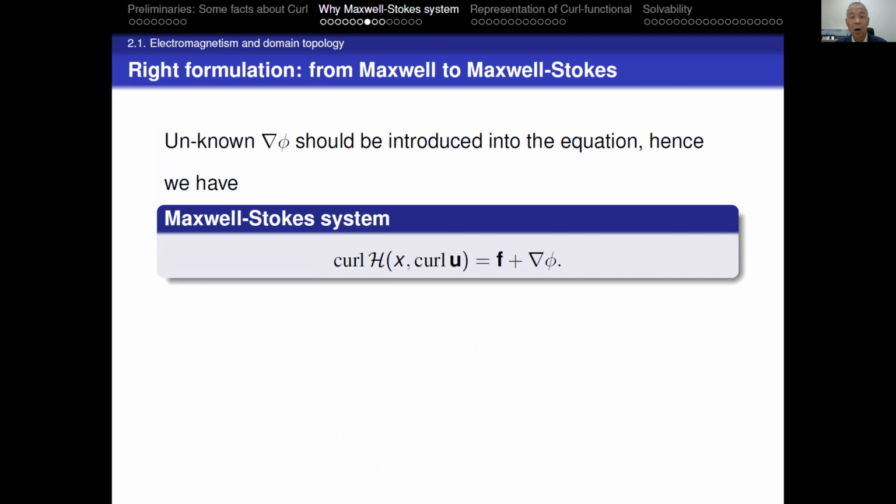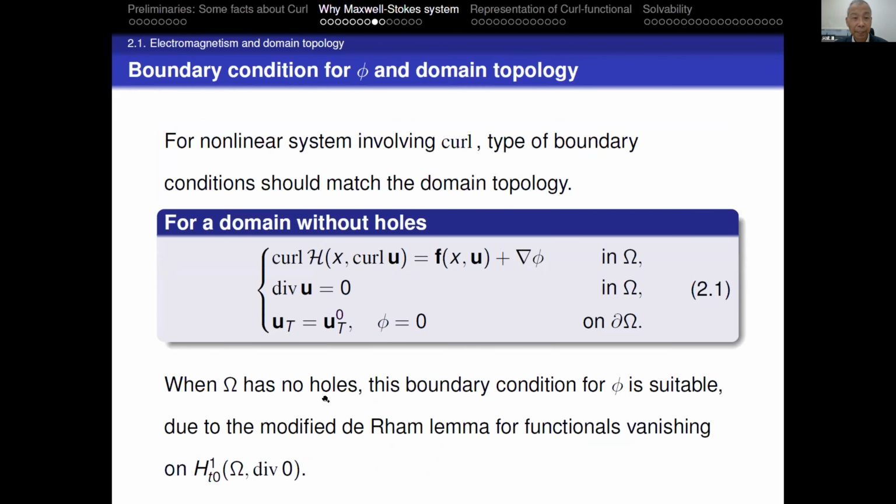So we borrow the name Stokes from Navier-Stokes and use this just for convenience. And after you introduce this term, you also need to worry about the boundary condition of this phi. For equations involving curl U, the type of boundary condition for this phi must be prescribed according to the domain topology.